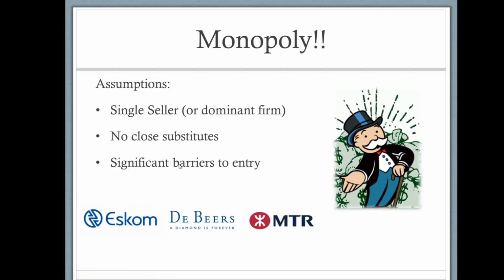The third one, of course, is significant barriers to entry. If you are a very big monopoly, there are so many barriers to entry that you have created. Anyone who knows this company, Eskom? It is not a Hong Kong company.